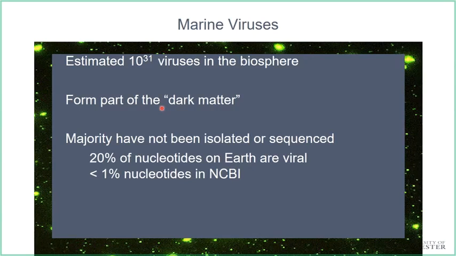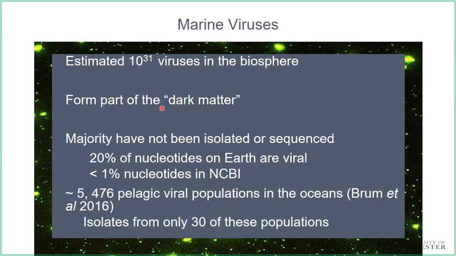Yet if we go to GenBank or NCBI or any other large database, only about 1% of nucleotides in that database will have come from viruses. So they're vastly underrepresented in databases. To look at this another way, a large-scale study by Jennifer Brum and Matt Sullivan's lab that looked at viruses in the oceans estimated about 5,500 pelagic viral populations in the ocean.